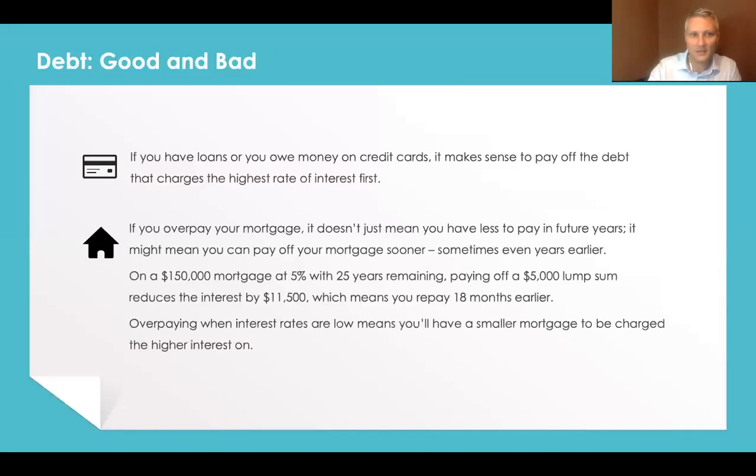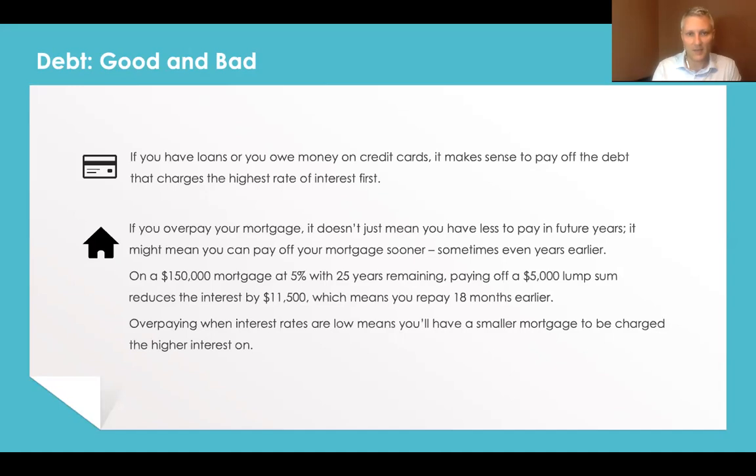Then we come on to debt. There's good debt and there's bad debt. Bad debt being credit cards or short-term loans, and good debt is when you take on debt to buy an asset, such as a house, or you get a mortgage to fund your buy-to-let portfolio, or you take a loan against your share portfolio in order to expand the assets.